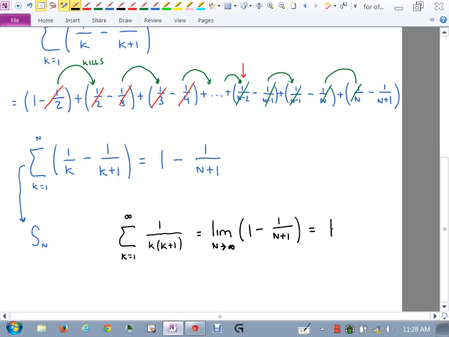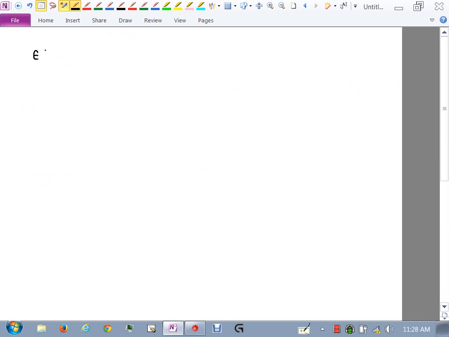All right, let's do another one of these. How about this? Find the sum k equals 5 to infinity of 1 over k squared minus 1. This is very similar to the problem that you were asking about in the homework, because I think in the homework it's 2 over n squared minus 1, and they start at 2.